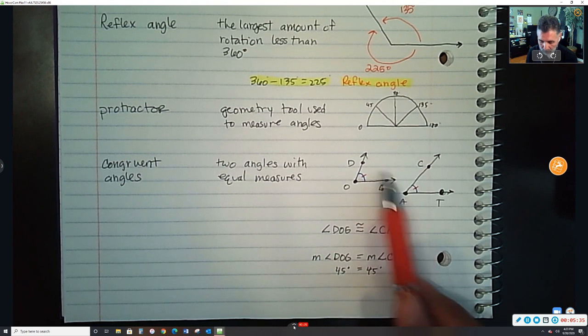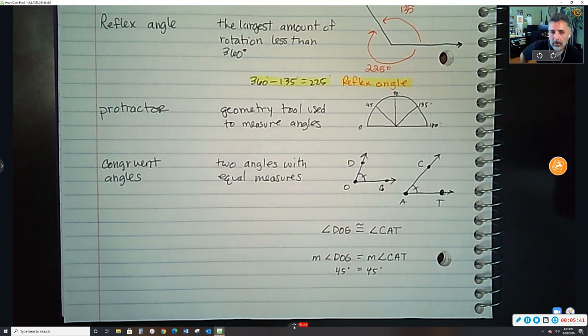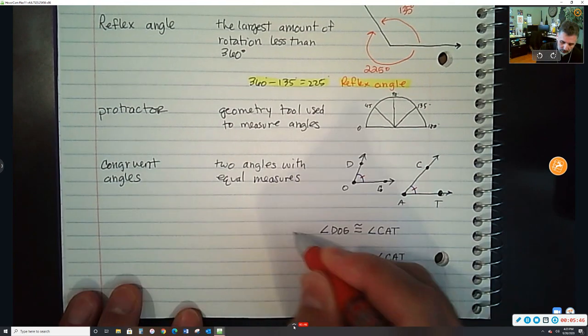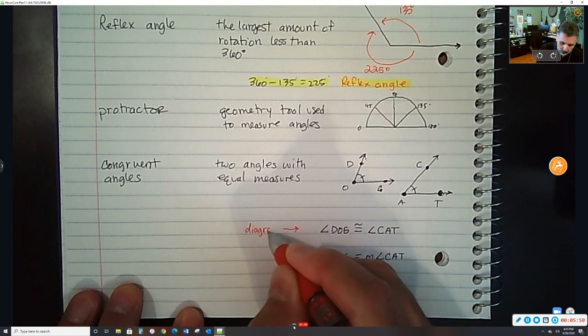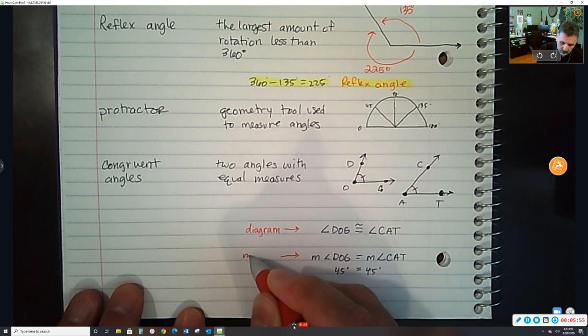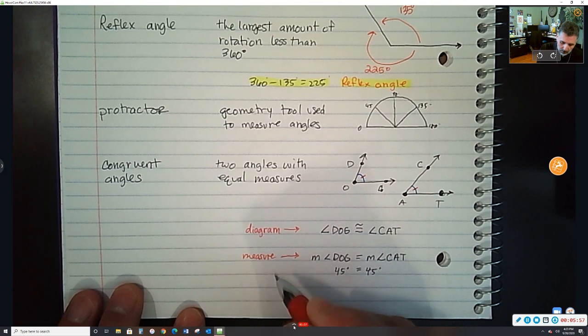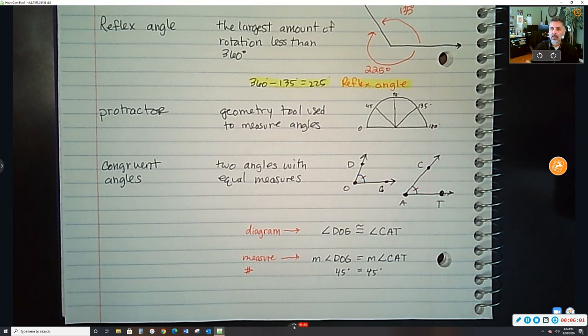Imagine both of these equal 45, so 45 degrees equals 45 degrees. Again, congruent refers to a diagram, and equal refers to a measure, usually a number, like inches, degrees, feet, or a length.